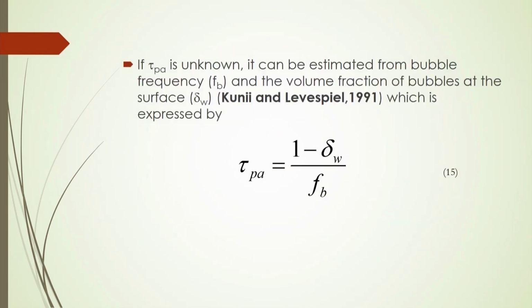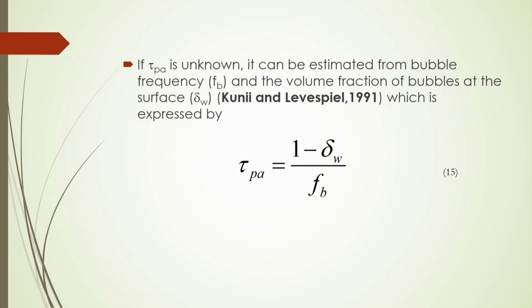And in this case another important factor is tau_PA, which is an unknown parameter, and it can be estimated from the bubble frequency. This is f_B, and the volume fraction of the bubbles at the surface, that is denoted by delta_W, that has already been discussed in earlier classes.